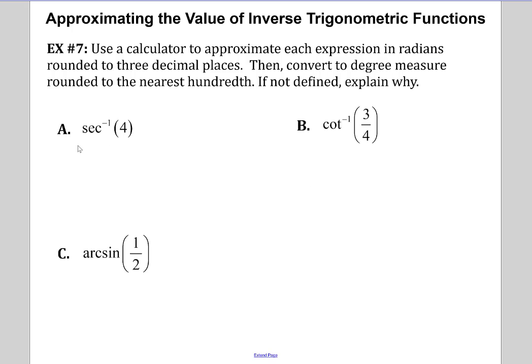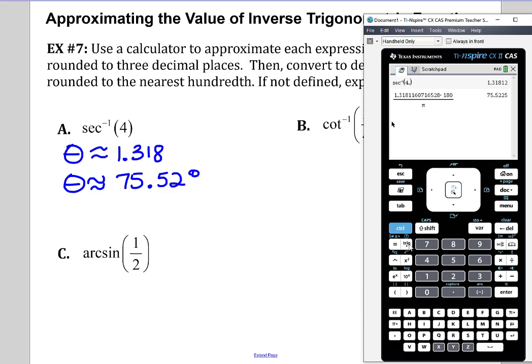So we either have radian measure as 1.318 or degree measure as 75.52 degrees.